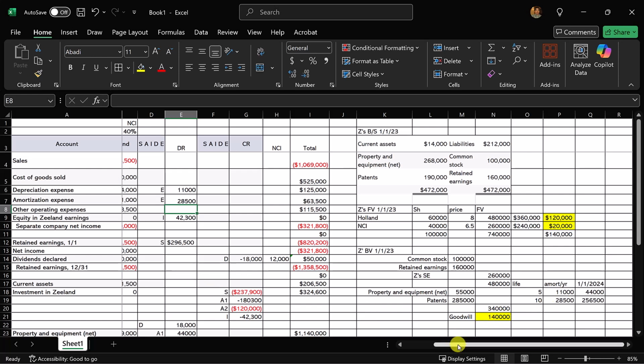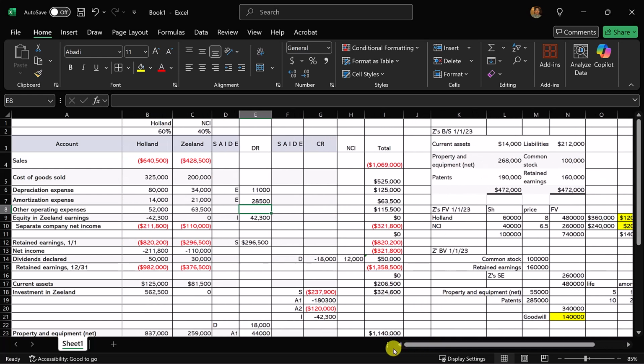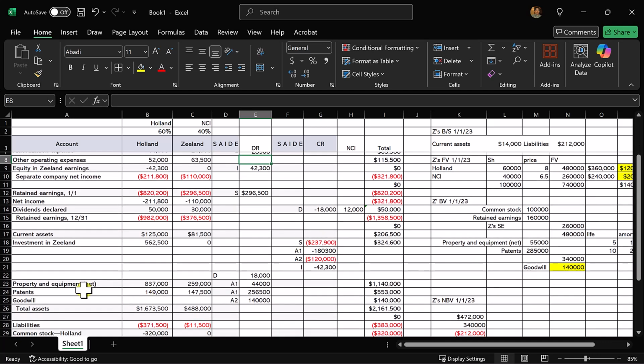And the offset is accumulated depreciation or accumulated amortization, really netting it out of the asset itself. Yes, net means it's subtracting out the accumulation.